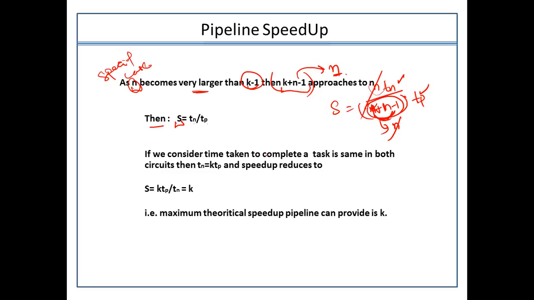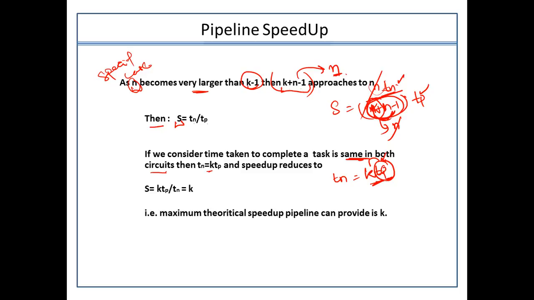And if we consider that the time taken to complete a task is the same in both the circuits, what will happen? We will be left only with k. Tn becomes approximately equal to the number of stages into Tp, because Tp was the time required to execute each stage.